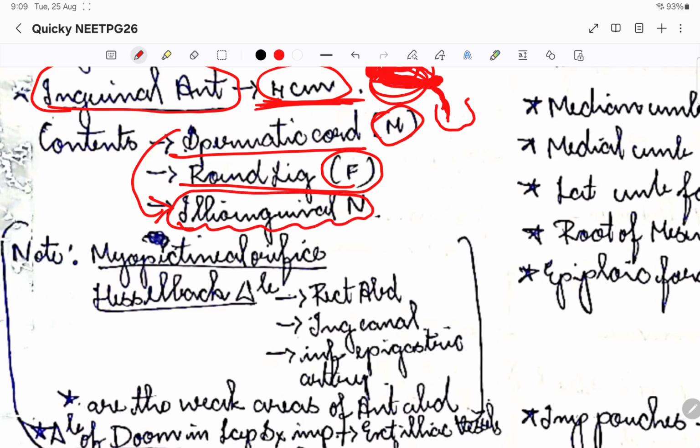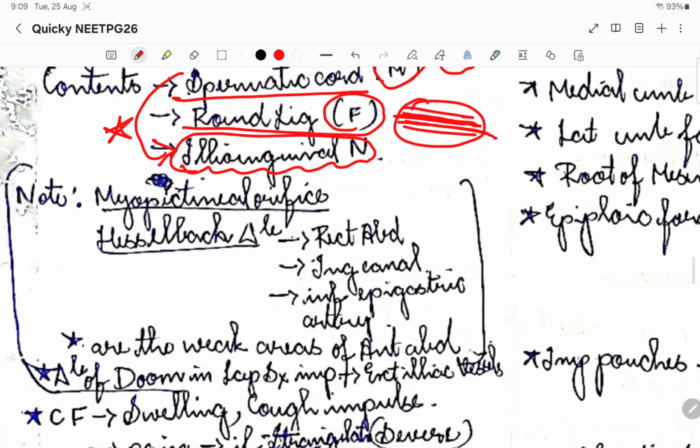This is a previous question they have asked: which is not the content of spermatic cord. But it is a content of the inguinal canal, because the spermatic cord is passing, and right next to it the ilio-inguinal nerve is also passing.